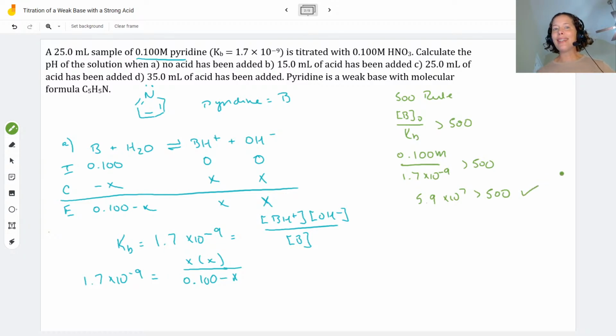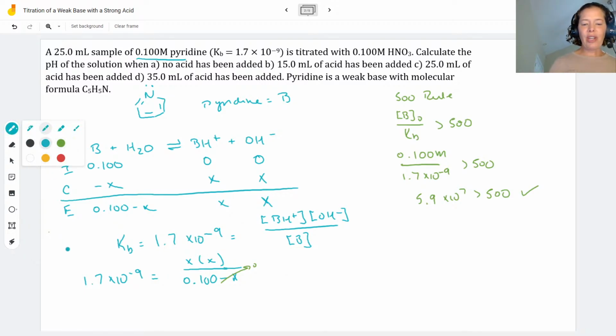So we're definitely greater than 500. We're not even close. So even if you just ran the 500 rule, and you can see how much larger this is, then probably don't need to run the 5% rule. But anyway, what this means is we can drop that minus X. So we know that 0.1 minus X is going to be approximately the same value as just 0.1. So we can drop that.